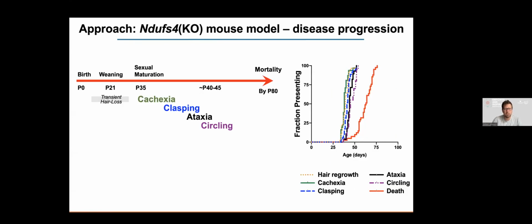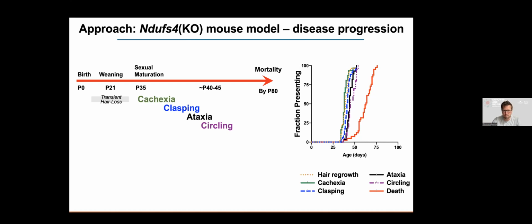So in this mouse model, progression is very rapid. As I mentioned, they're born healthy and normal. They have a sort of transient hair loss phenotype, which isn't really related to disease. And around P35, postnatal day 35, when they reach sexual maturation, is when disease sets in. Rapidly after that age, they begin to display weight loss, which we call cachexia, clasping, ataxia, and circling.